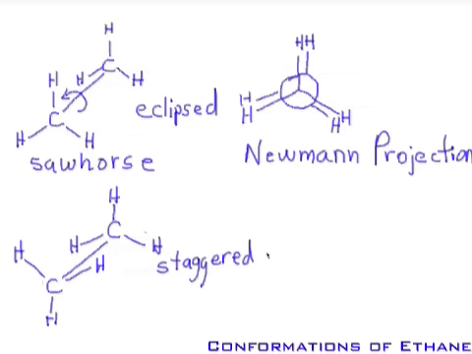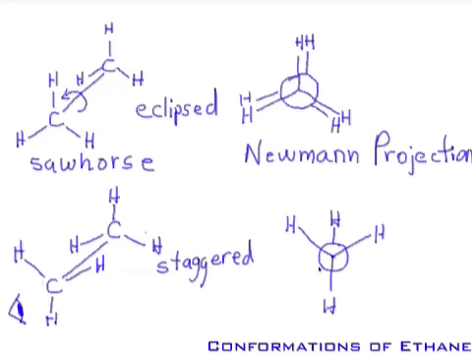How would that appear in a Newman projection? What would you see if your eyeball was here and you were looking down the carbon-carbon bond? Well, again, you'd see the frontmost carbon. And the atoms that join up at the very center are attached to the frontmost carbon, so I'll draw them similar to what is there. The hydrogens attached to the back carbon don't cross the outer edge of the circle.